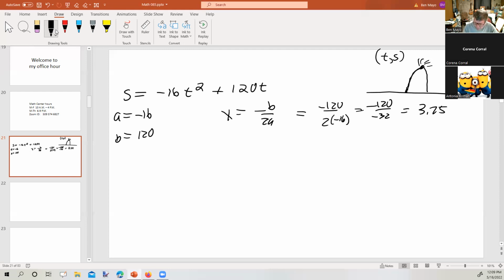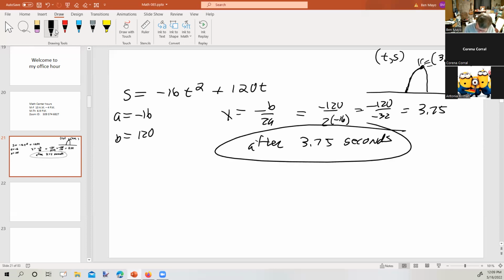So the t value of the vertex is 3.75. So that means, when does it reach its maximum height? After 3.75 seconds. Okay, so maximum height. You all right with that?